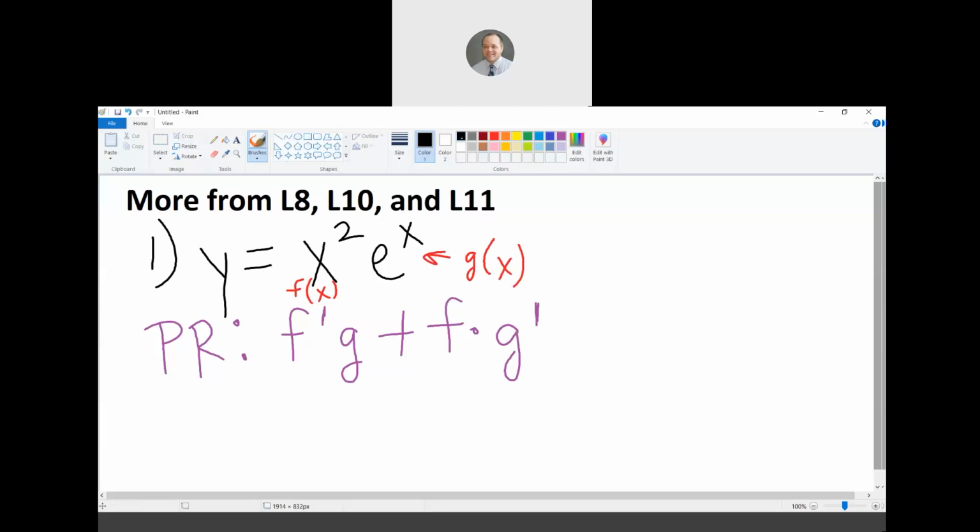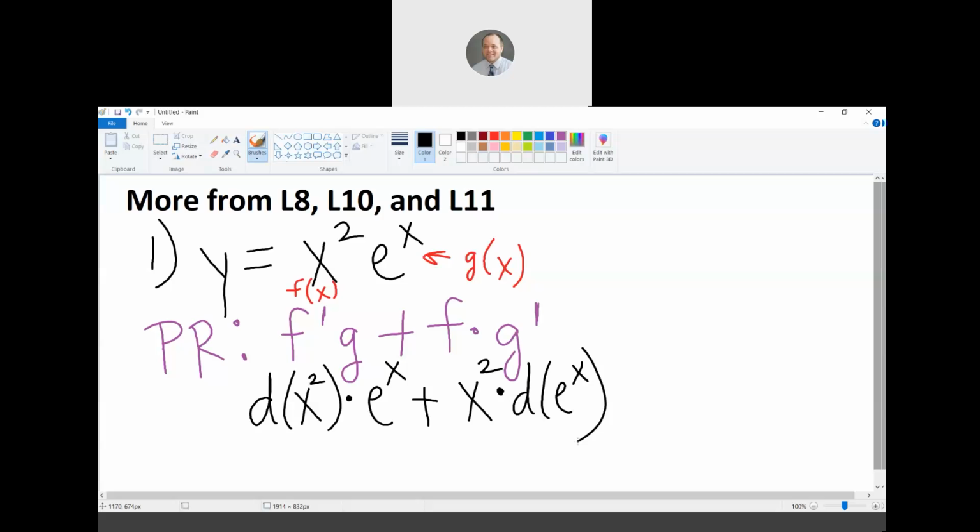So let's plug everything into our product rule. I forgot to check on campus. Can you see the screen all right? Okay, cool. The derivative of f, or derivative of x squared, times g, or just e to the x power, plus f, or just x squared, times the derivative of e to the x. Now, using the power rule, the derivative of x squared is just 2x.